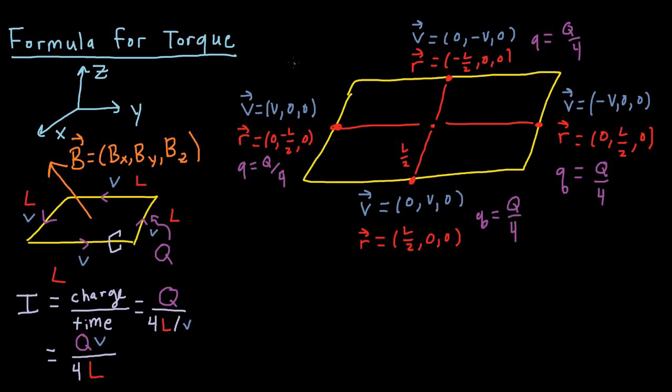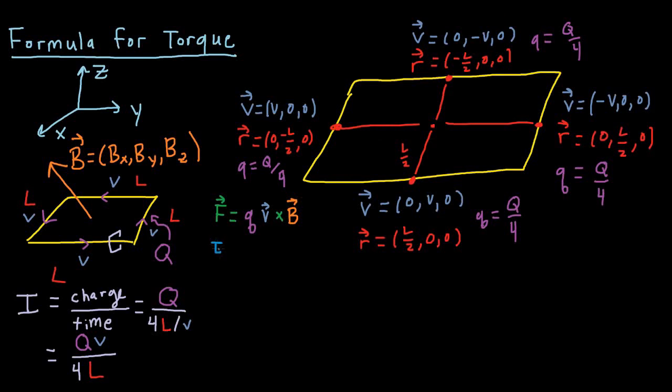Now I've finally set up all of the relevant information for calculating the torque on this wire in this external magnetic field. So the force, as you remember from the Lorentz force law, is just equal to Q V cross B. And once you know what the force is, you can calculate the torque.